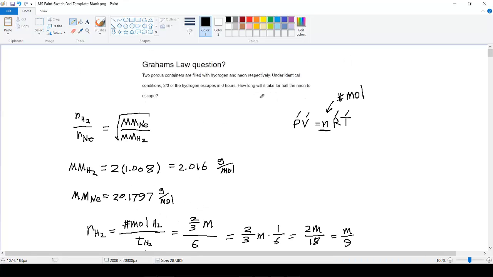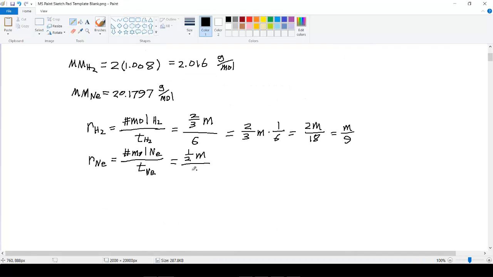In fact, we have to find out what that time is. So I'm going to say the time for the neon to escape is an unknown. So this will be equal to m over 2 times 1 over t neon, which is m over 2 times the time for the neon to escape.